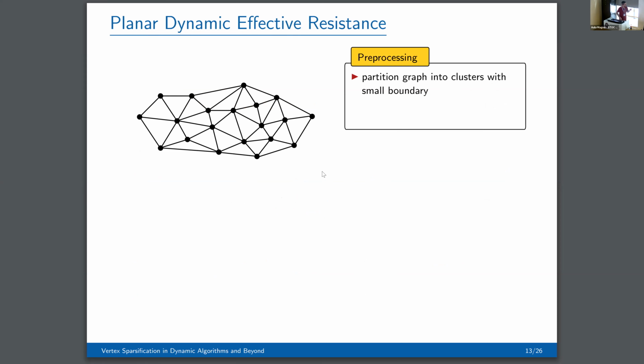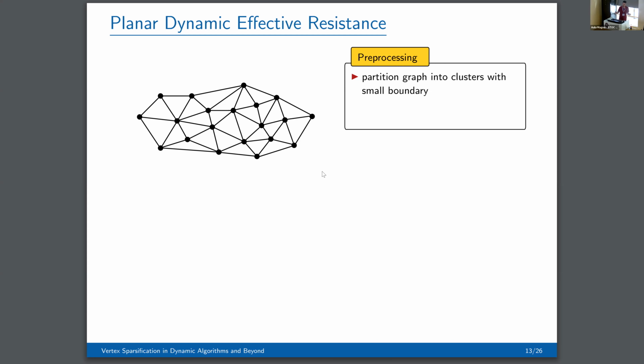Those who have worked with dynamic, or even not dynamic, planar algorithms know one very useful tool called r-division. I give you a graph and I would like to partition it into edge-disjoint vertex sets that do share vertices, called boundary vertices, such that the boundary of each cluster induced by this partitioning is small.